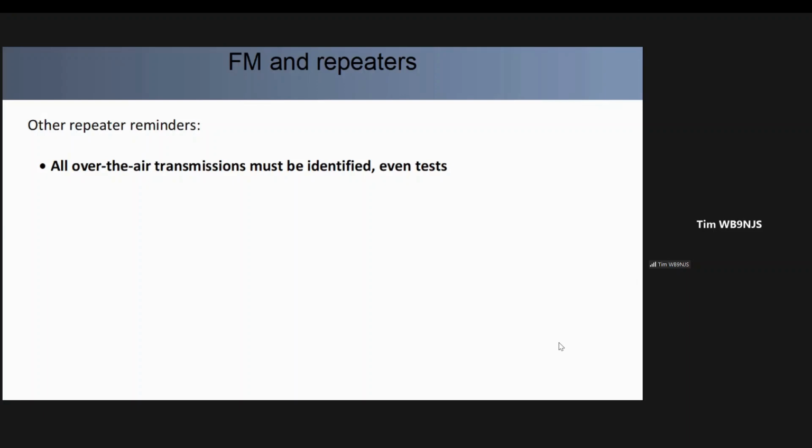So on-the-air test transmissions must be identified by the transmitting station. That's out of the question pool. What that means is, even if you just key up, press a button on the microphone on your 2-meter radio to see if you can access a repeater, you need to identify that transmission with your call sign. And there'll be a whole lot more next week on call signs and identification and all the rules that you need to follow.